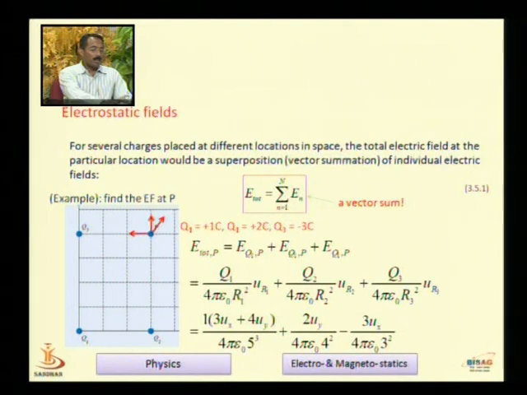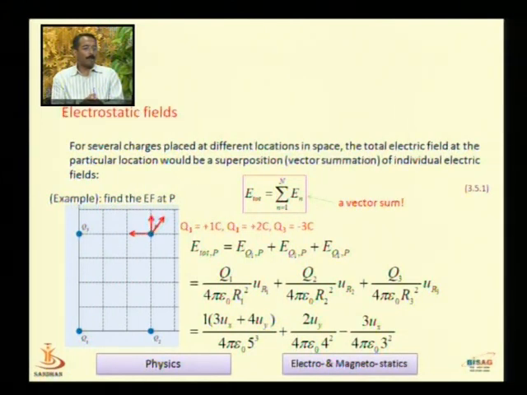And another one, you can see this, is neither along the y-axis nor along the x-axis. It is in between the y-axis and x-axis, in the intermediate direction. So that is the electric field because of charge Q1, right?